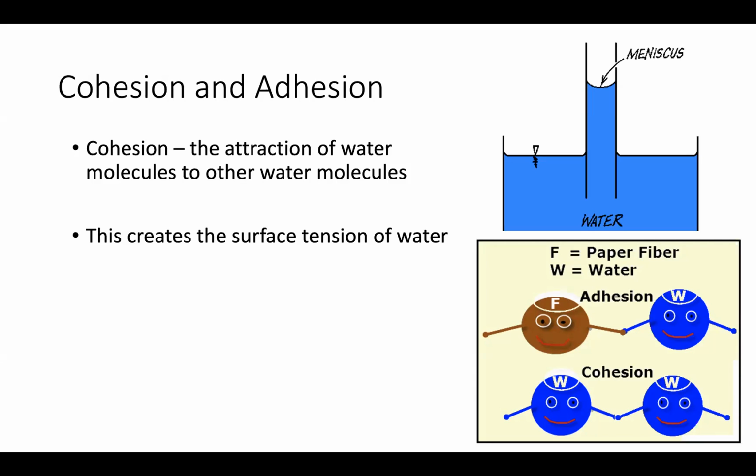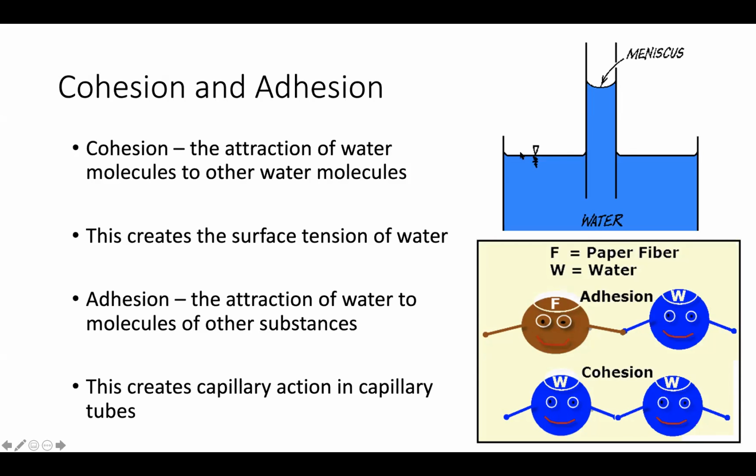So cohesion is the attraction between two water molecules. Cohesion is usually something interacting with itself. Conversely, we have adhesion. This is the attraction of water molecules to other substances. In this bottom right diagram, we see a water molecule hanging out and making friends with a paper fiber.